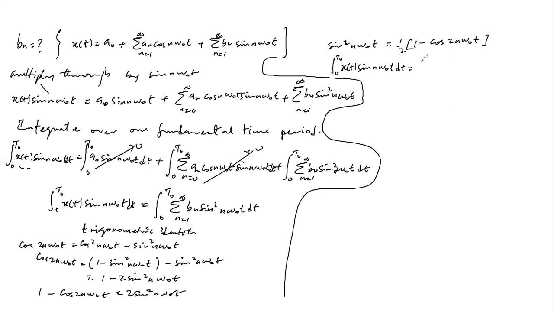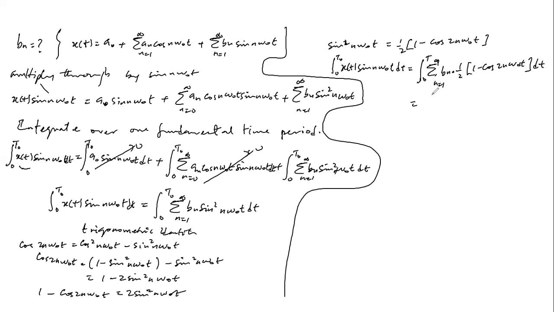So that equals the integral from 0 to t naught of the summation n to infinity of bn times 1 over 2 times 1 minus cos 2n omega t dt.